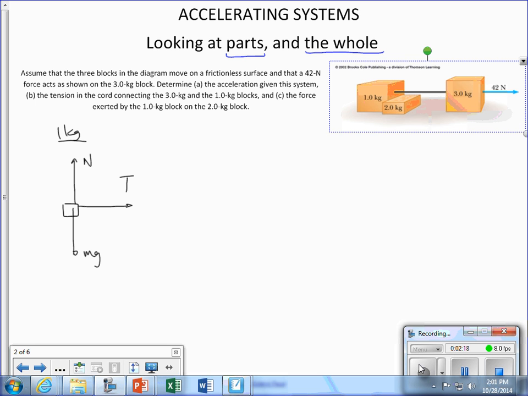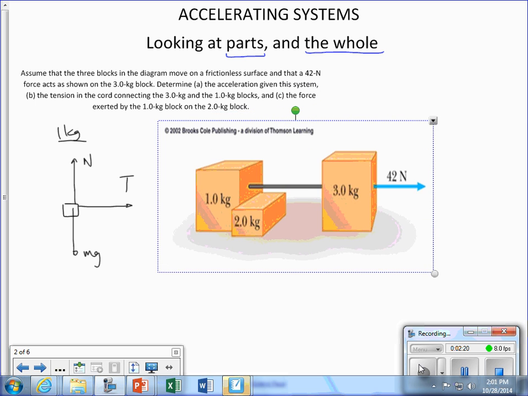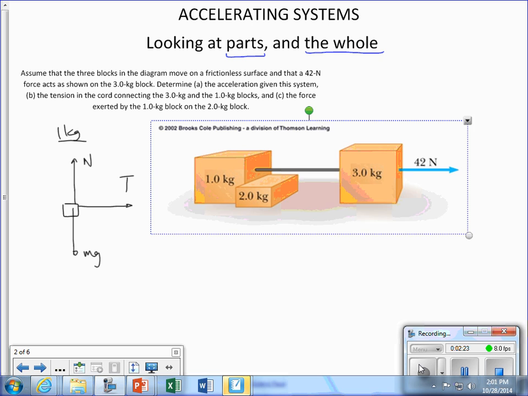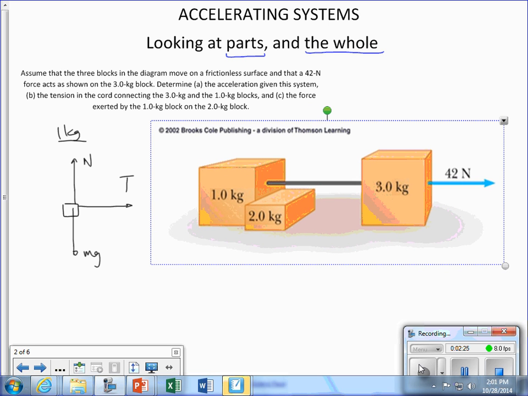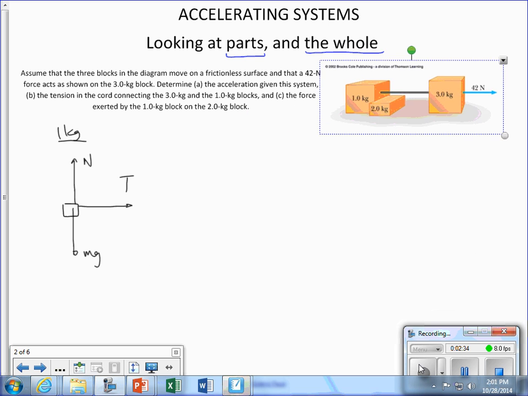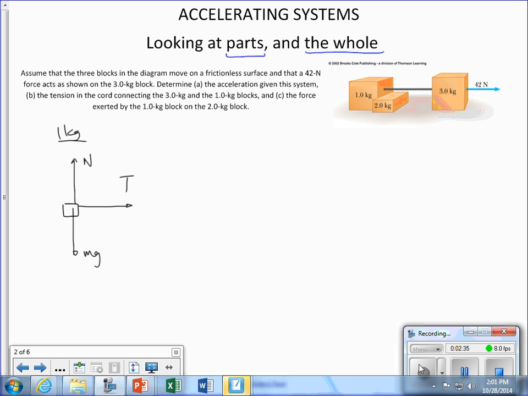It's tough that this is 3-dimensional, so I might actually simplify it and make it 2-dimensional. If we have the 1 kilogram, the 2 kilogram, the rope, the 3 kilogram, what we're actually doing is this.